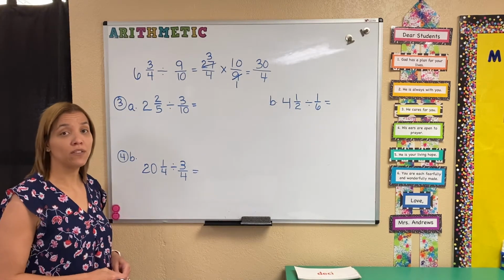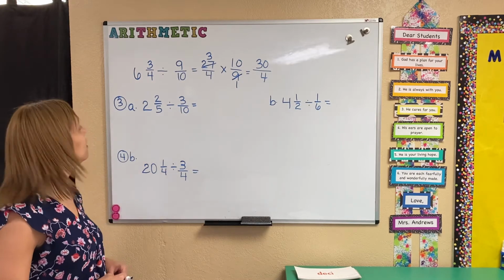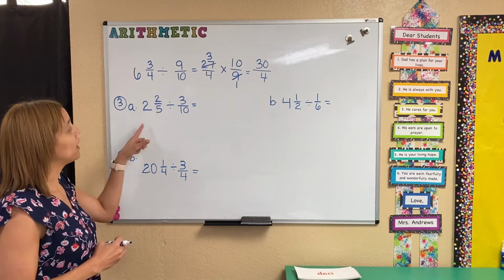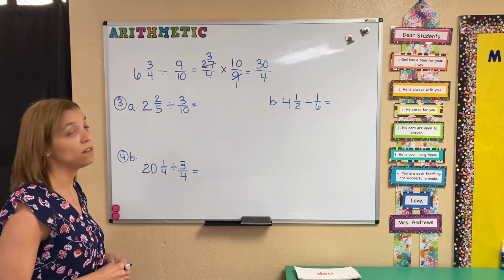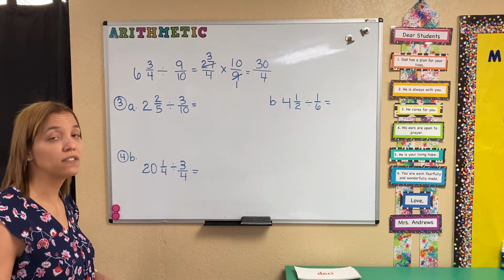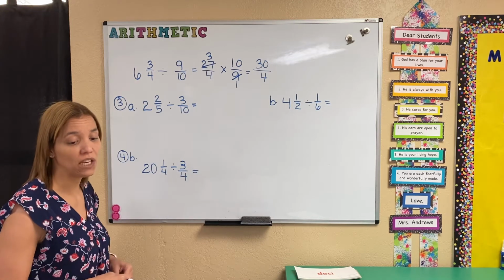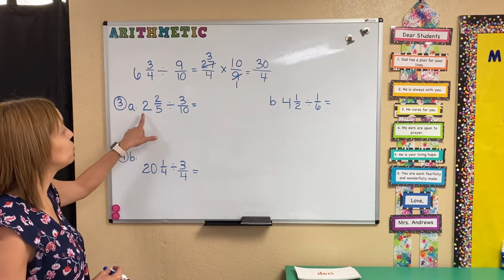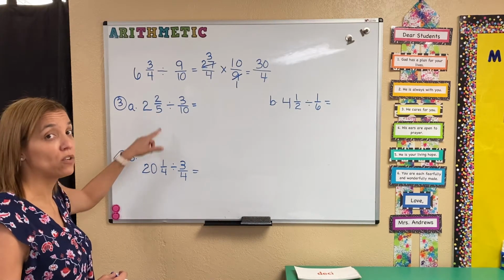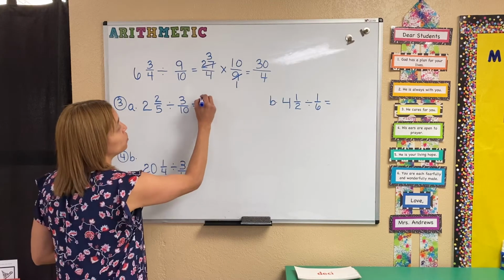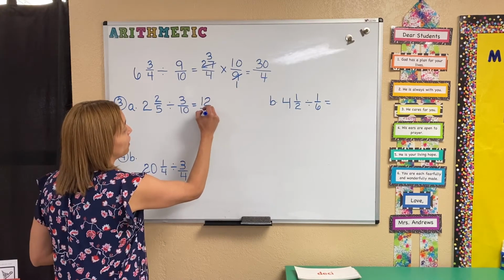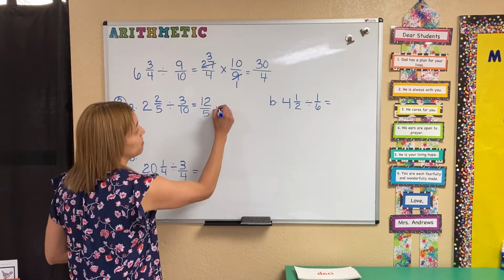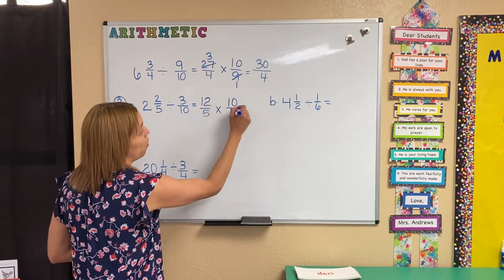Now let's do one of the class practice exercises. So exercise 3, letter A, we have 2 2/5 divided by 3/10. So the first thing that we do is change the mixed number into an improper fraction. So 2 times 5 plus 2 would be 12 over 5. And we invert the divisor, so we multiply that by 10 over 3.